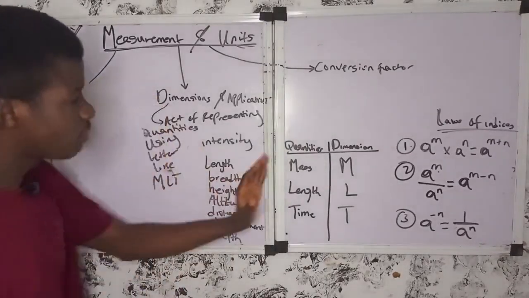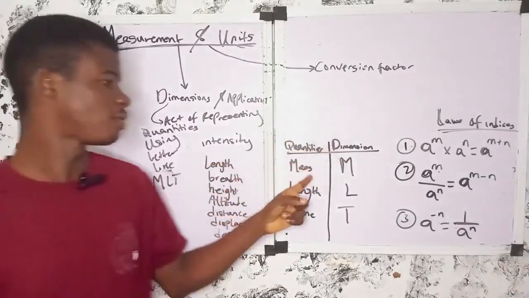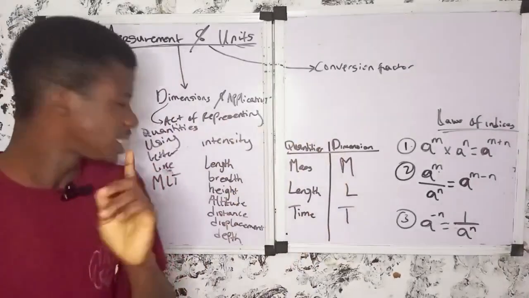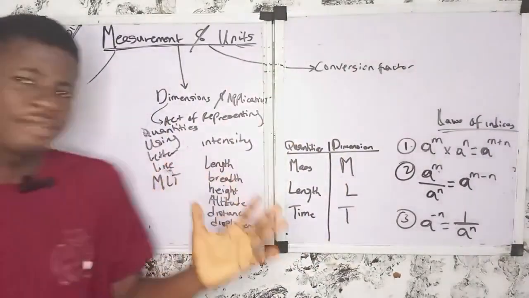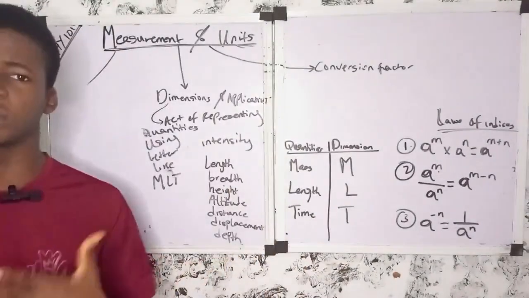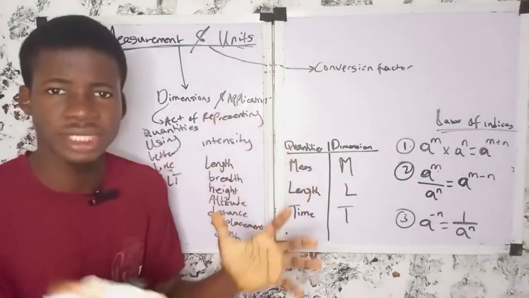Now move straight forward to this part of the board: quantities and their dimensions. Remember, I told you guys that there are different types of quantity. We have fundamental quantity, and we also have derived quantity.